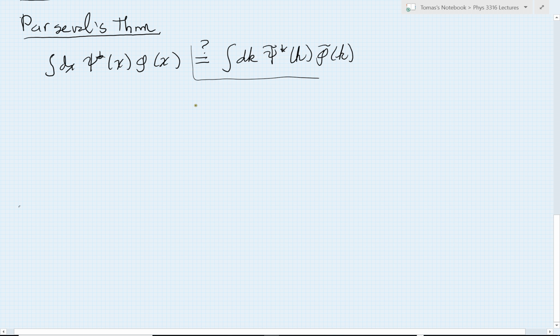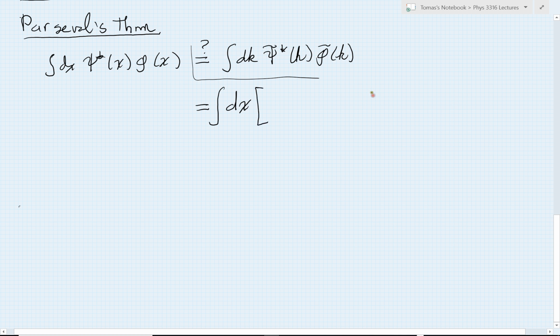But what we do know is true is the following statement. I'm going to work on massaging this, and I've got to somehow get my psi tildes and my phi tildes into my expression. And one of the best ways to do that is to realize, well, I know how to express psi of x in terms of psi tilde of k. So let me insert that here.